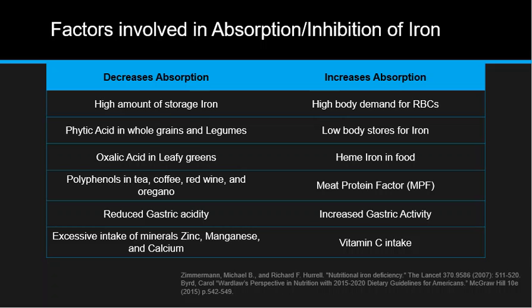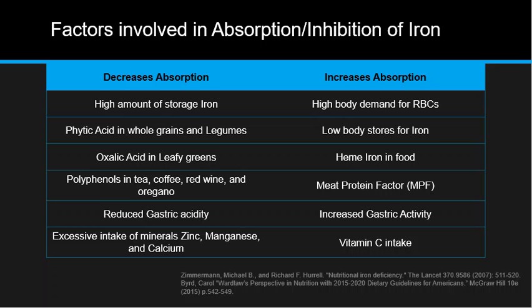So, like I said, those whole grains and legumes, leafy greens, all those vegetables have phytic acid and oxalic acid in them, and they'll actually bind to non-heme iron and prevent its absorption. Also, polyphenols and all those things, tea, coffee, red wine, oregano, will decrease that absorption.